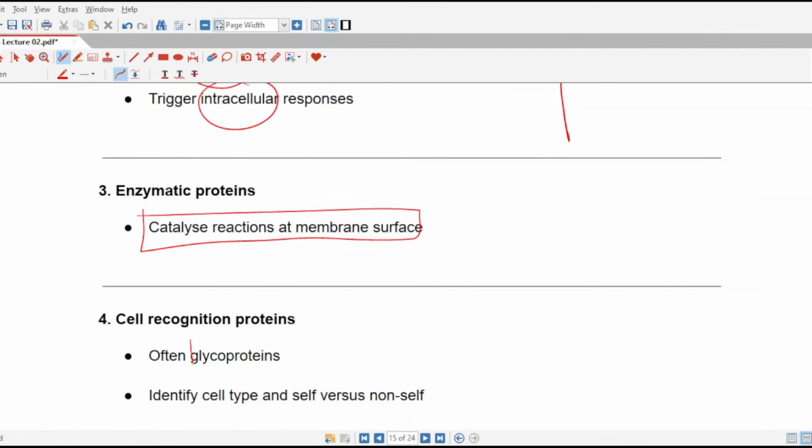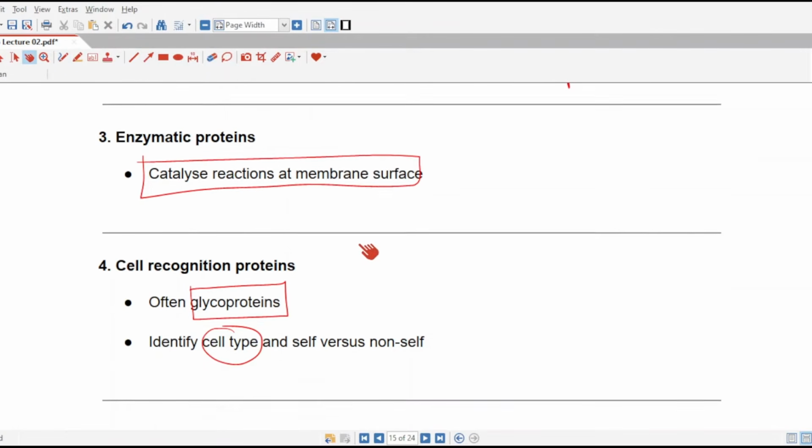They are often glycoproteins and they identify cell type, and they are also vigilant against self and non-self proteins. Because if a non-self protein invades our body, that is antigen, and it can produce diseases.